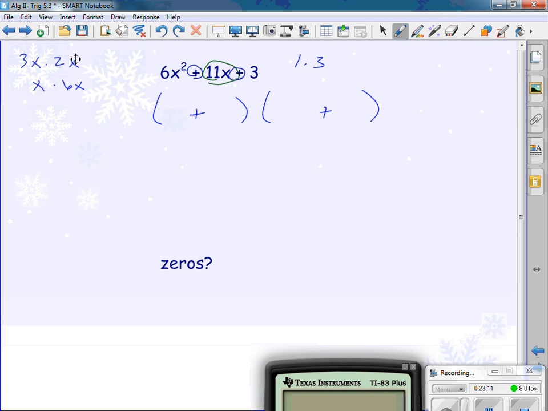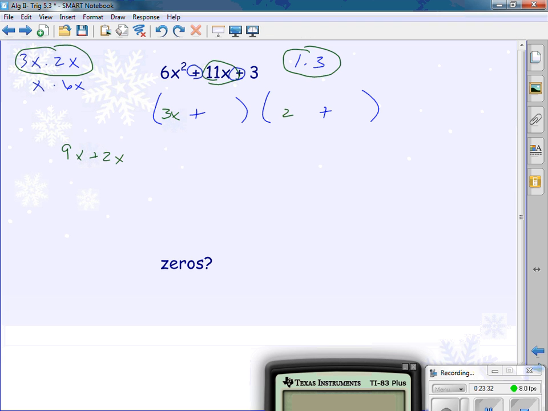I could try 3 times 3x is 9x. 1 times 2x is 2x. What do I get in the middle? 11. So I know it has to be this one and this one. 3x and 2x.